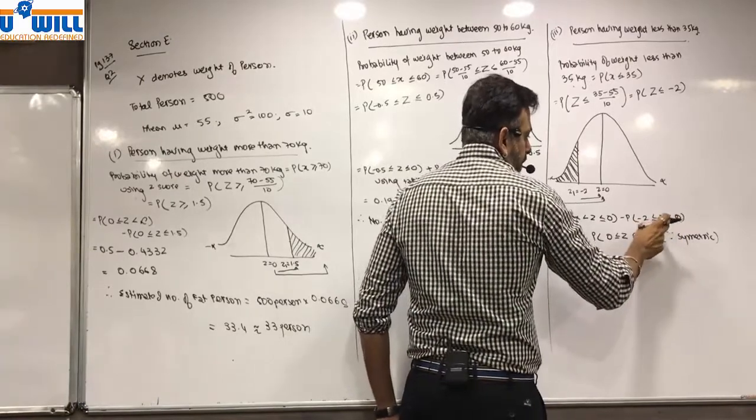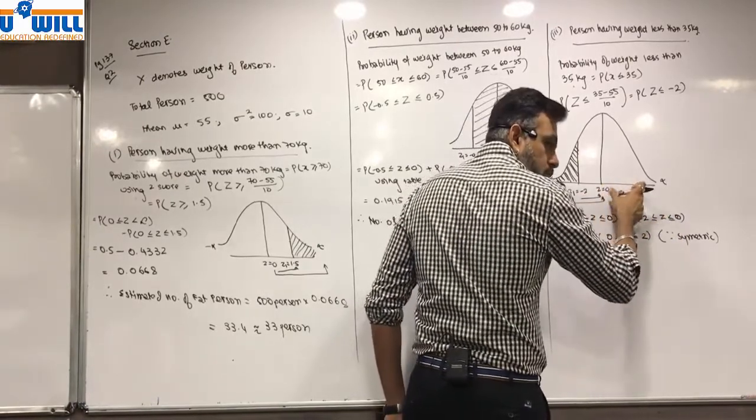Since it is symmetric, what did we do? Minus 2 to 0 is 0 to 2.